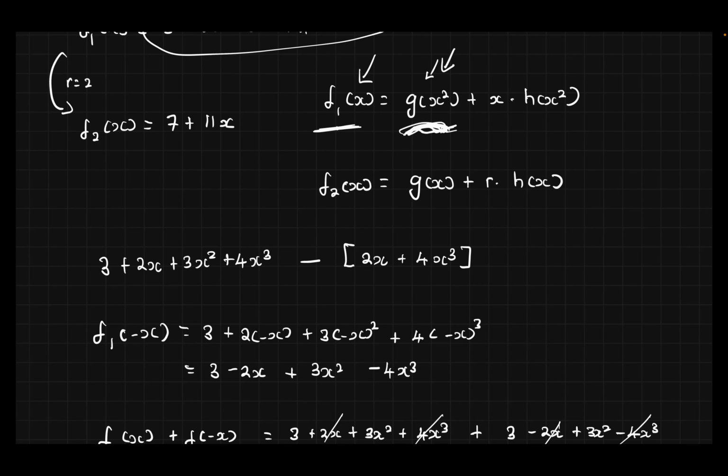Now, let's say we want to get this h of x squared. How do we do this now? We subtract f of minus x from f of x. So for h of x squared, what are we trying to get rid of?